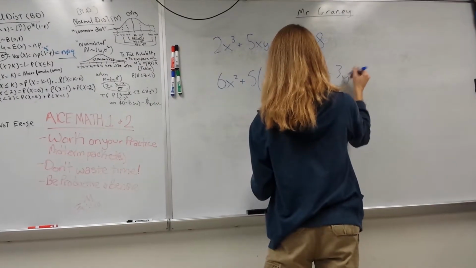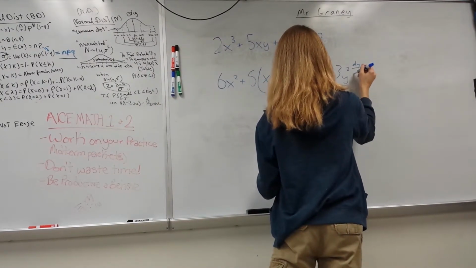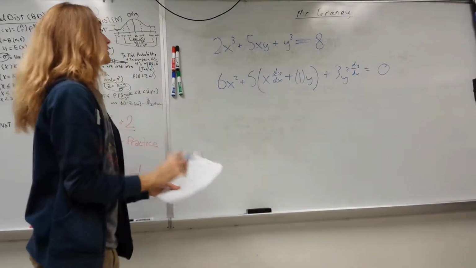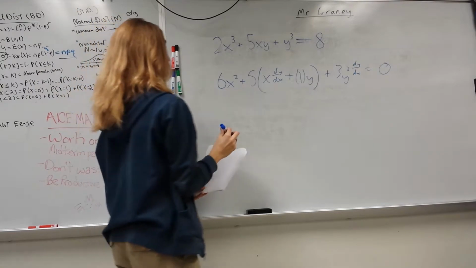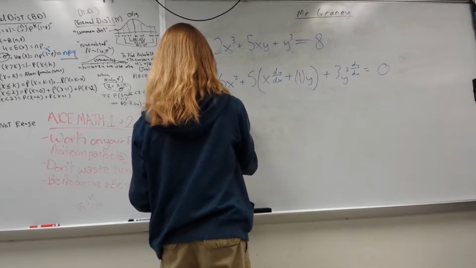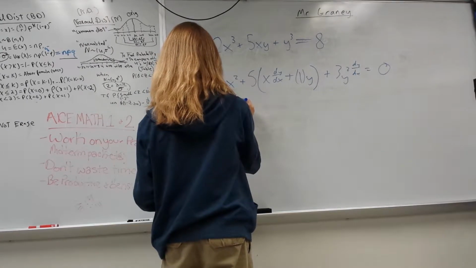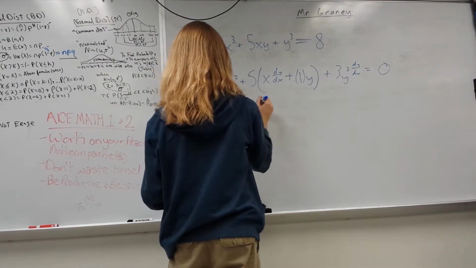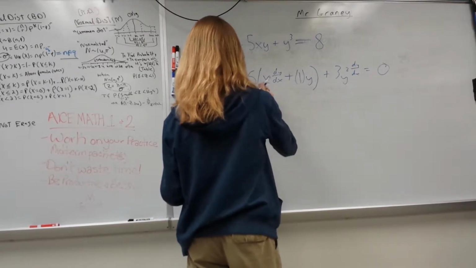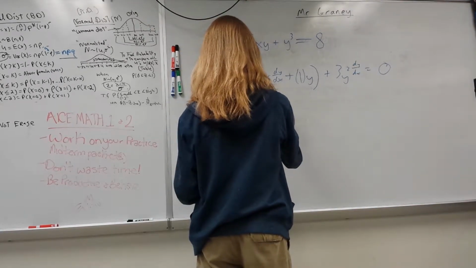Plus 3y squared dy/dx equals 0. Okay, thank you. Okay, so now we try to algebra it. And then for 5x dy/dx, we can distribute that.